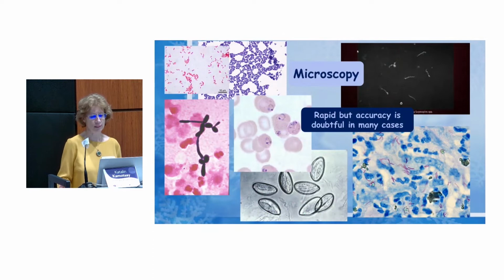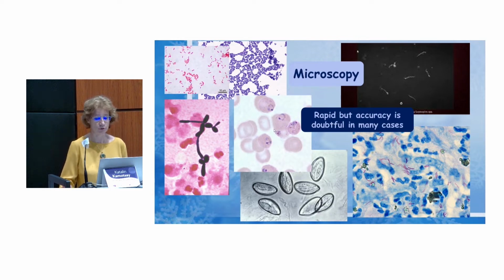Well, microscopy looks quite rapid, and in some cases it is rapid enough. If we look for parasites, helminths actually, and we see this picture, we know that's Enterobius vermicularis, we don't have to go on. Or if we have a patient from a tropical country with fever, and we have this picture, we can be sure it's Plasmodium falciparum.